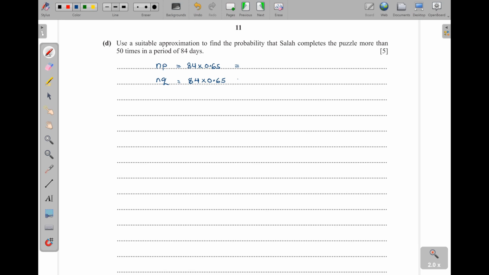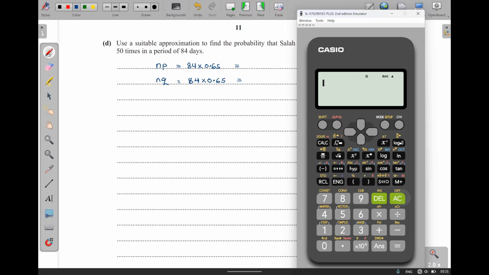Okay, and then 84 times 0.65. So what do we get when we multiply these ones? Because you can be asked to justify your approximation. So I would say 84 times 0.65, this one is 54.6. Then how about 84 times 0.35? This one is 29.4.